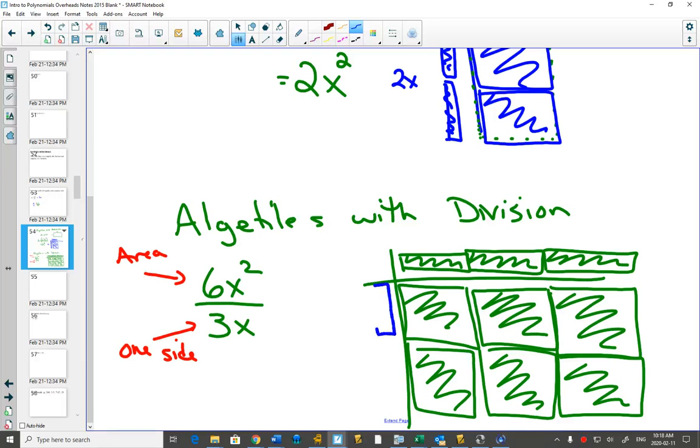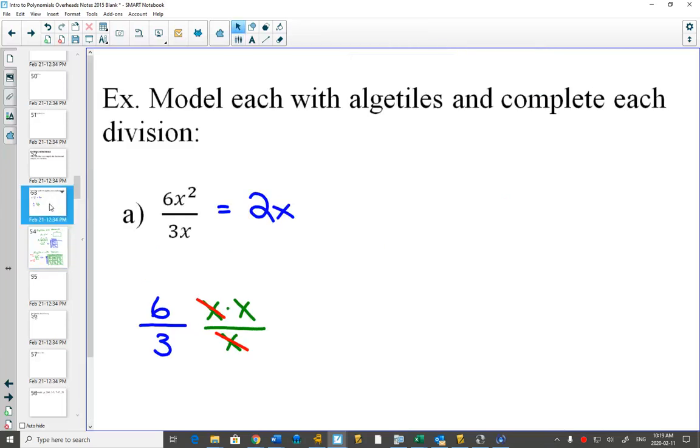Can you see that I would need 1x there and 1x there? And so the answer to this is 2x. We can see it with algebra tiles as well. But generally, if you want to use algebra tiles to help you, you can, but we're going to look at the numbers in front, 6 divided by 3, and simplify that fraction to get 2. We're going to look at the variables and simplify the variables and just get x.